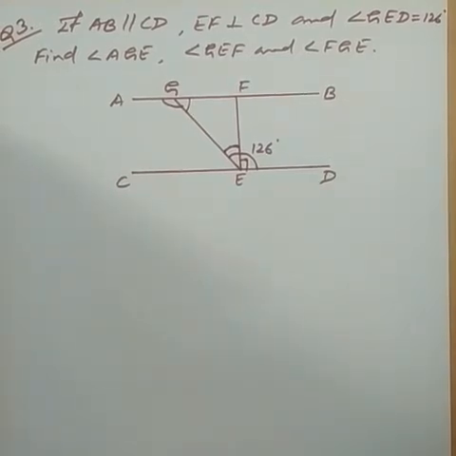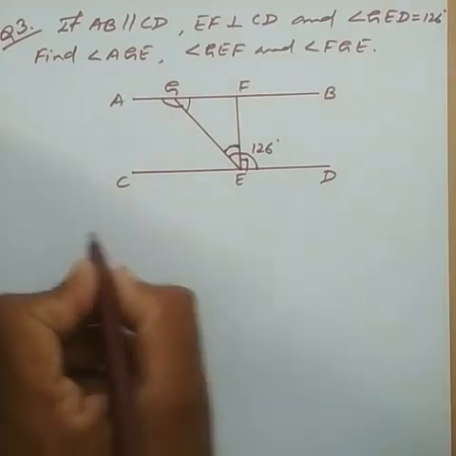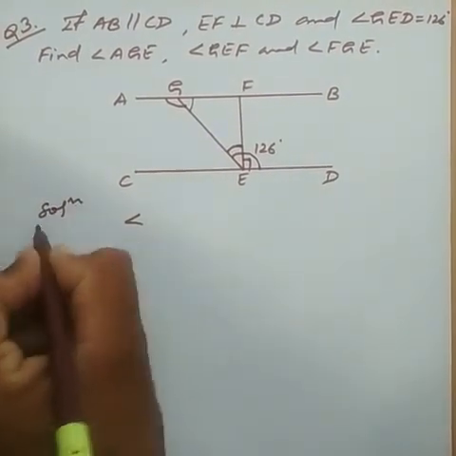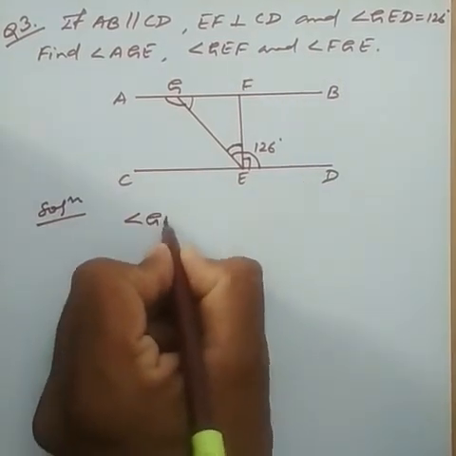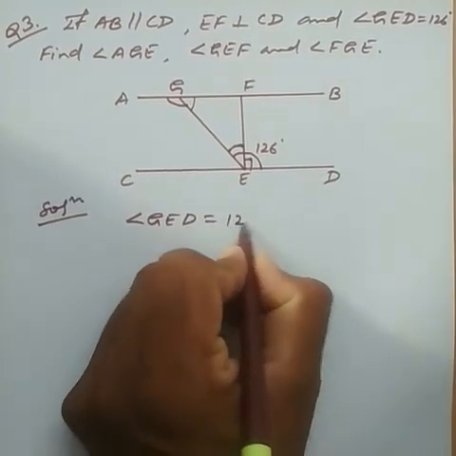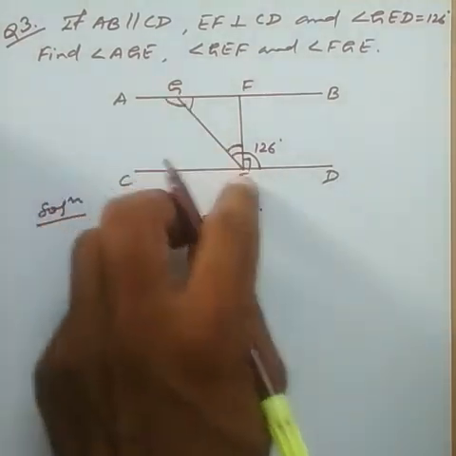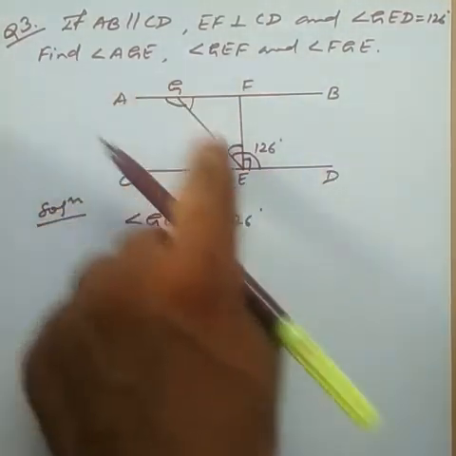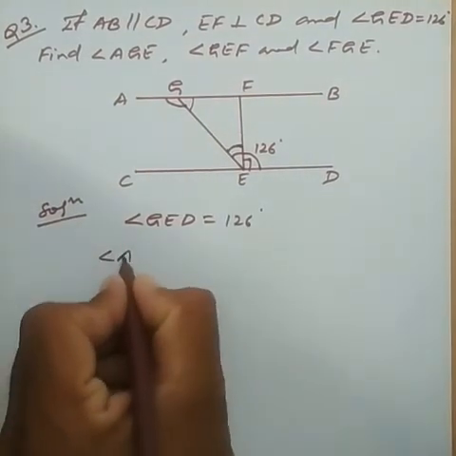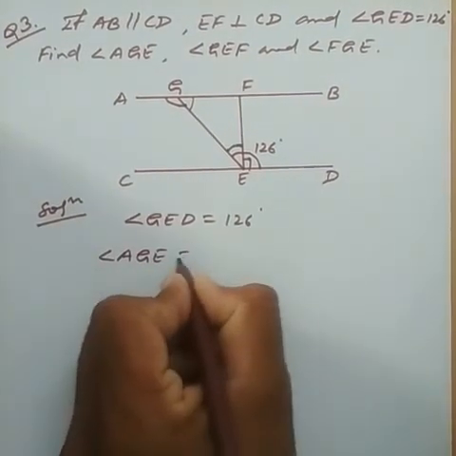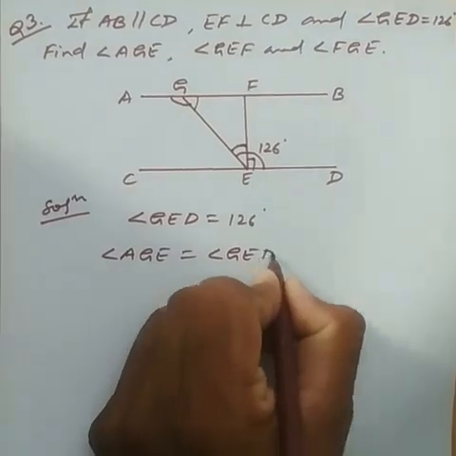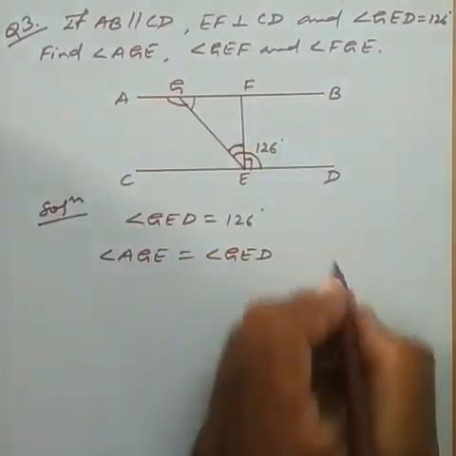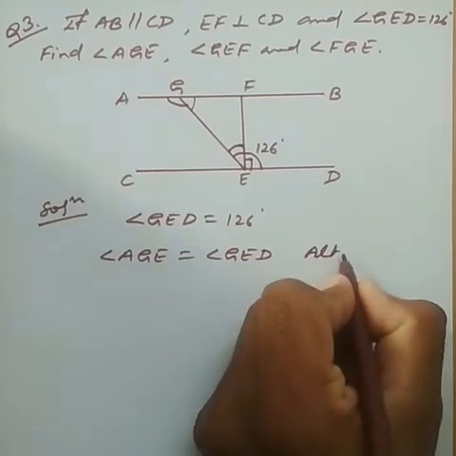First of all, the given angle is angle GED. GED is 126 degrees, and GED and AGE are equal. So angle AGE equal to angle GED. Both are equal because they are alternate interior angles.